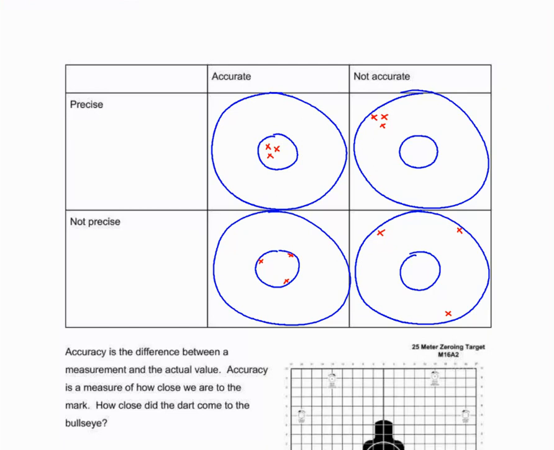We have 3 hits that are very close together, but they're not where I wanted it. They're not on target, but I'm very consistent. So probably what we're thinking here is that accurate might mean on target, and precise means consistent.